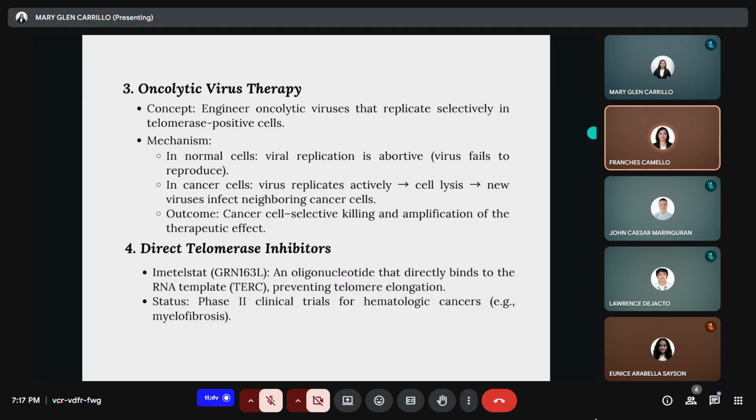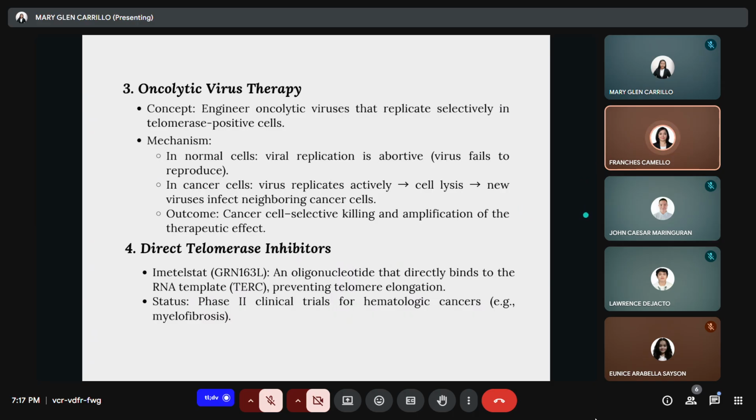So in other terms, since viruses are engineered to replicate only in telomerase positive cancer cells, normal cells do not support viral replication. But in cancer, the virus multiplies, which bursts the cell and spreads to infect others. Next is direct telomerase inhibitors.